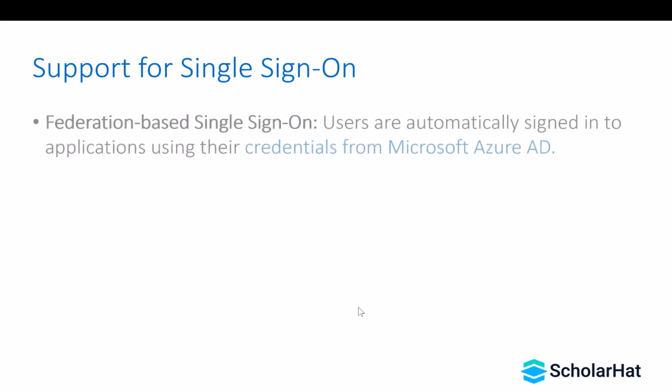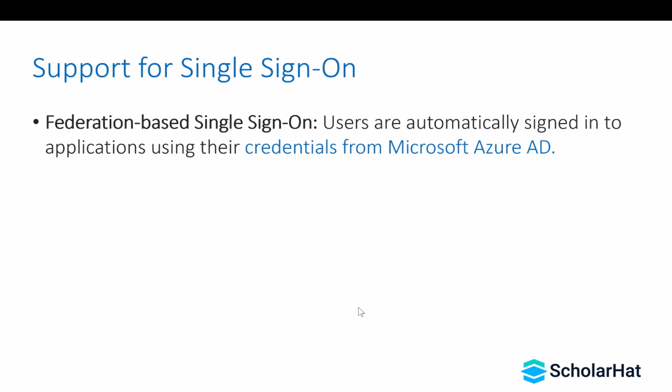in our application. So Azure AD has federation based single sign-on. Here the users are automatically signed into the application using their credentials from Microsoft Azure AD. That means you have to create users at the Microsoft Azure AD level, and using the credentials the user has, the user can access the application.